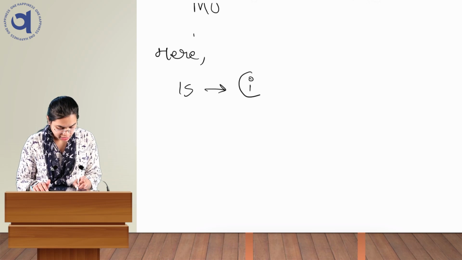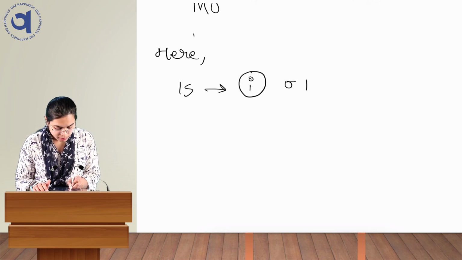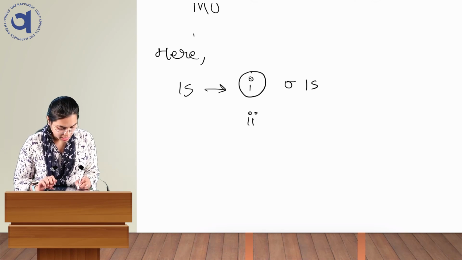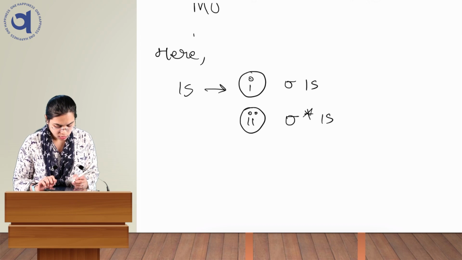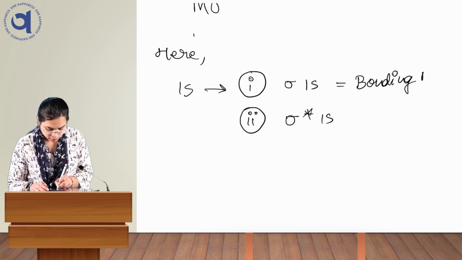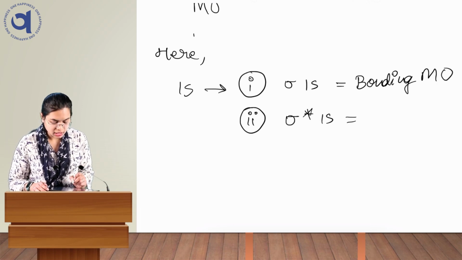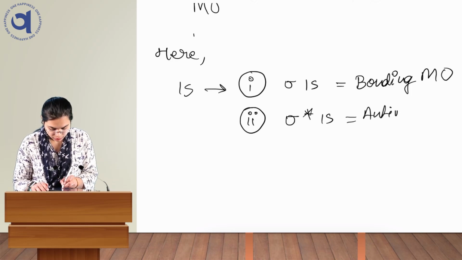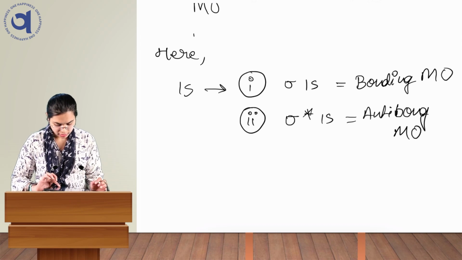The first is sigma 1s, which is the bonding molecular orbital, and the second is the sigma anti-bonding 1s. Here the sigma is the bonding MO, and the sigma star 1s is the anti-bonding molecular orbital.